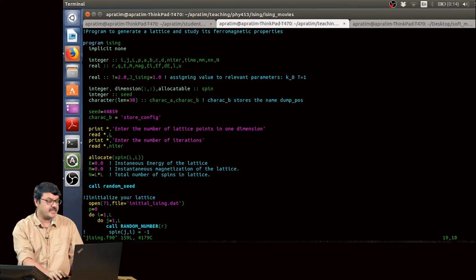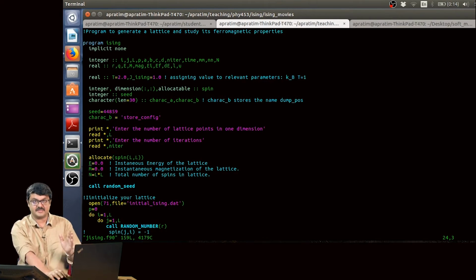Once you have given L in the system, you have to allocate this array, saying that the spin array is L cross L. Then you set the initial energy to be the instantaneous energy of the system. This is basically defining variables, energy to be 0.